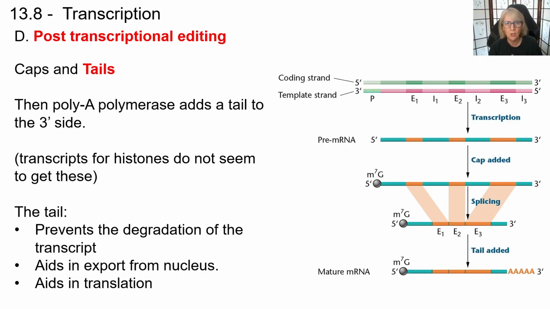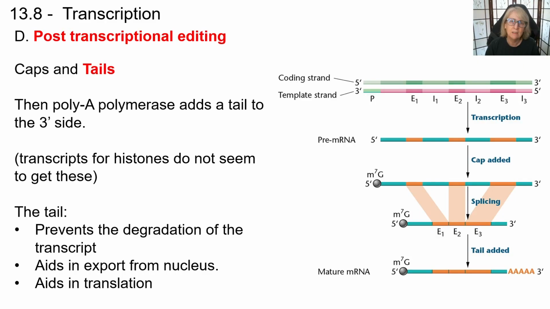As far as we know now, these polyadenylated tails are added in chunks. You have 2 or 3 or 10 steps of adding these tails. It is one of the ways that you can regulate the production of proteins, which I will talk about later, but good for mentioning now.